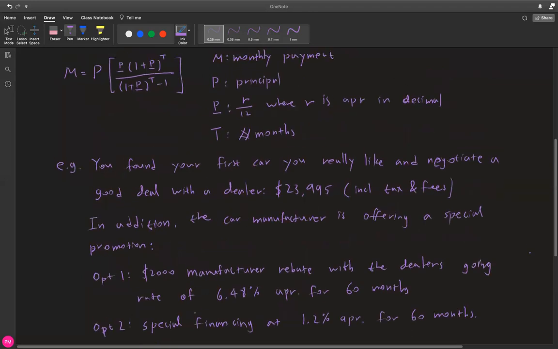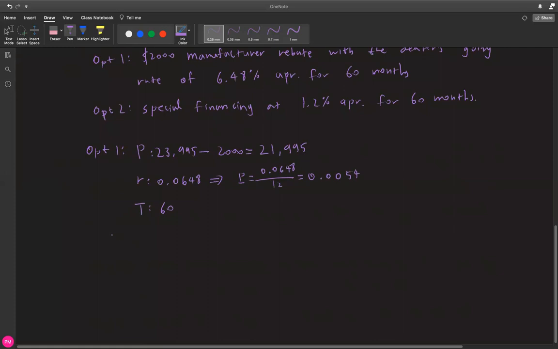So let me rewrite this formula down here for you. The monthly payment formula is given as such.